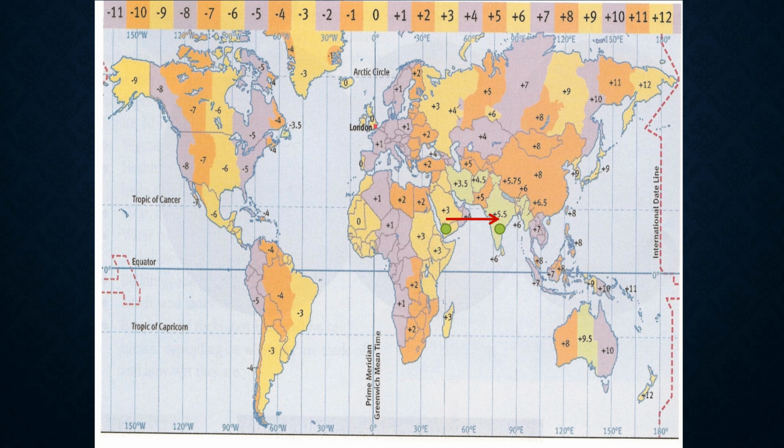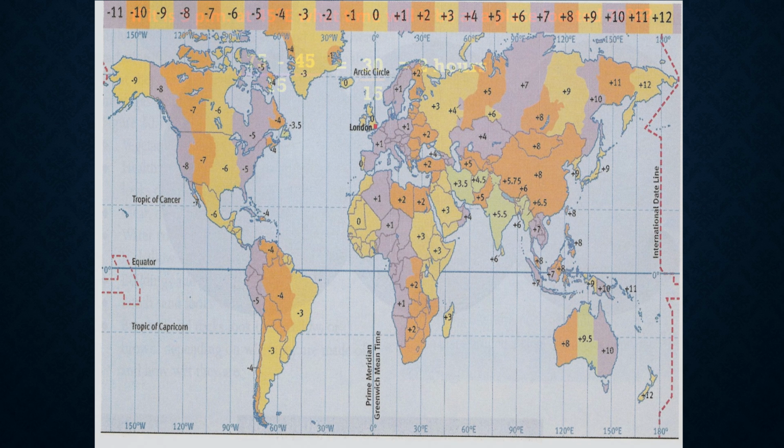So since we're looking for the time of the place located at 75 degrees east, which is located east of 45 degrees east, it means that we are actually gaining time. And if we're gaining time, it means therefore we'll have to add to the time that we already have at 45 degrees east in order to attain the correct time at 75 degrees east.